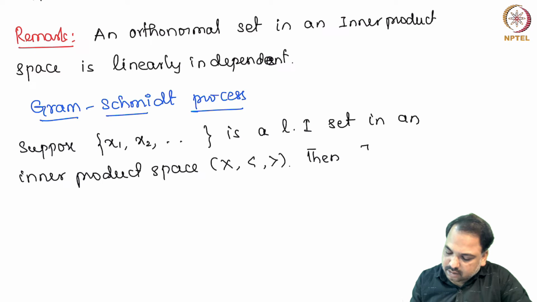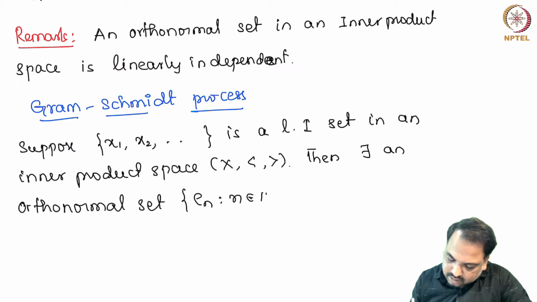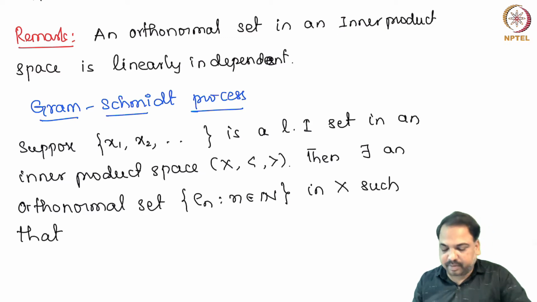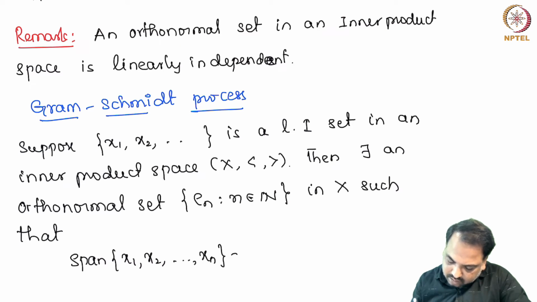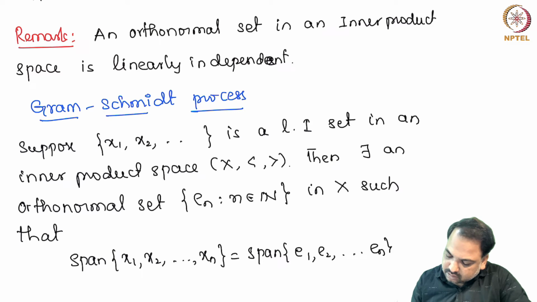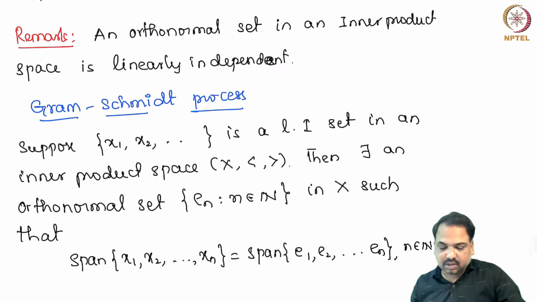Then there exists an orthonormal set, call it en, in X such that span of x1, x2, and so on up to xn is span of e1, e2, and so on up to en, where n is in N. That means you can take span of x1, you will get span of e1, span of x1, x2, you will get span of e1, e2, and so on. So this is the Gram-Schmidt process.